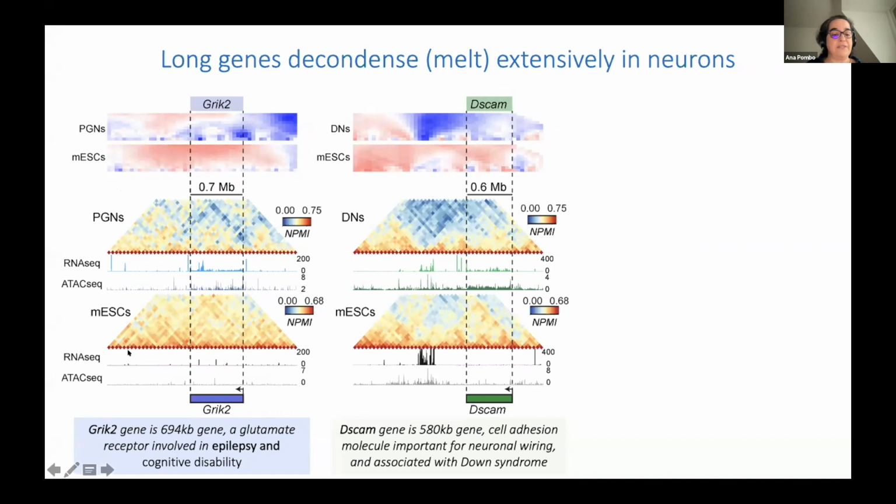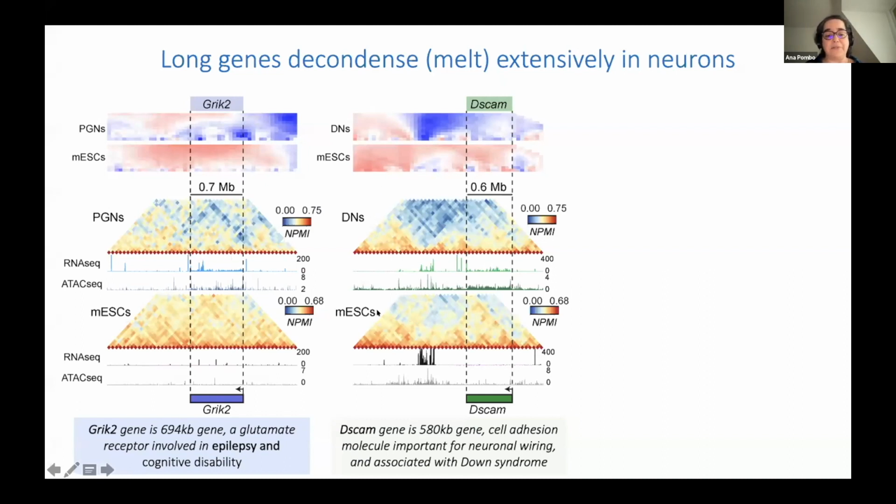As you can see, this region is mostly devoid of accessible chromatin or activity, and very compact in ES cells. And as we look in the PGNs, where the gene is most highly expressed, we can see an extensive loss of contact across the whole region, but in particular in the region surrounding and on the gene itself.